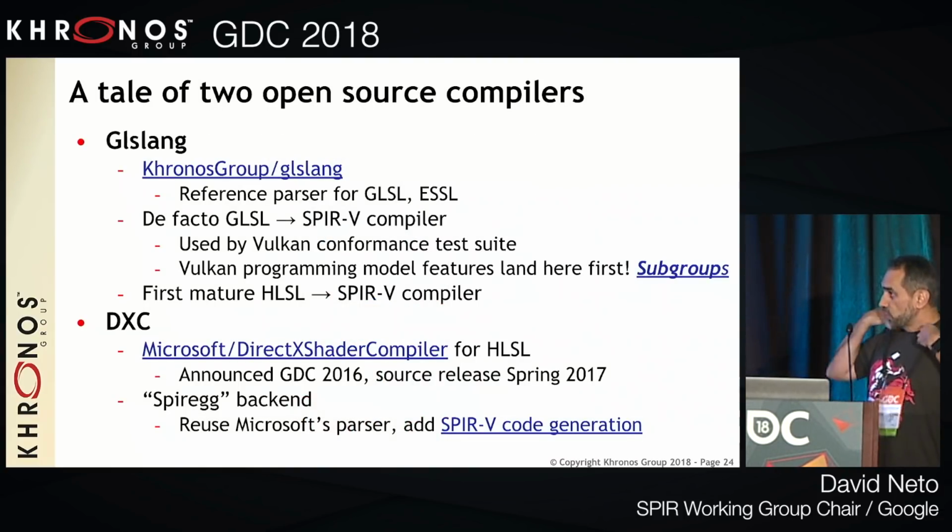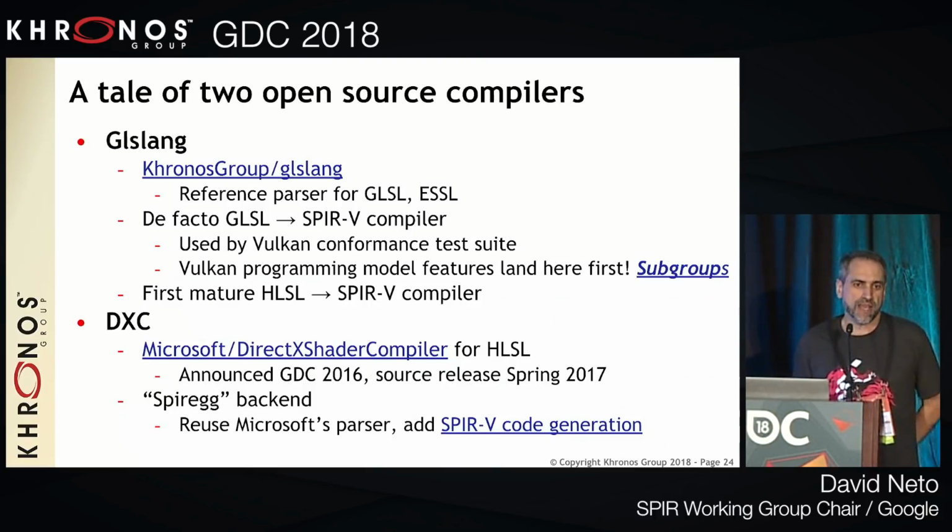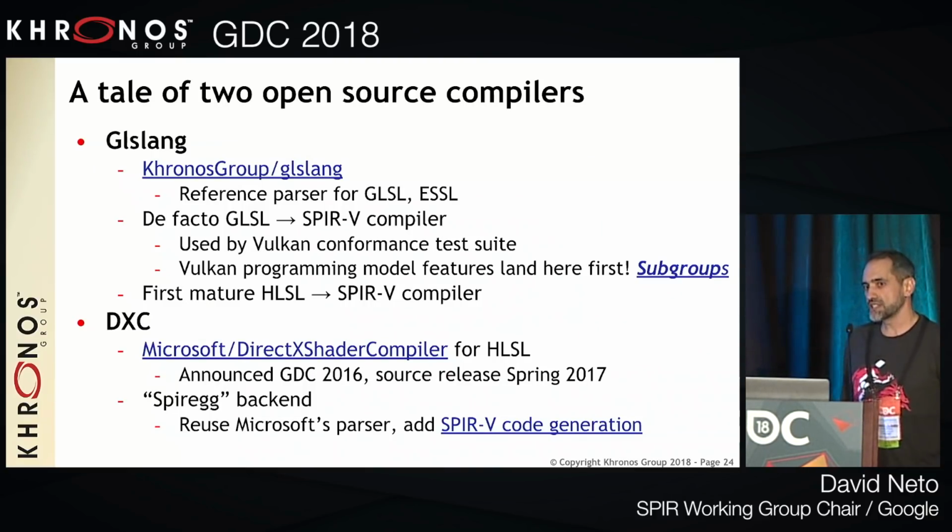So both these compilers are open source. So what's the backstory on glslang? glslang started out its life as the reference parser for GLSL and the embedded form of GLSL, known as ESSL. So that's the place you go where you know, is this supposed to work on my driver when I send it there? Now, in the development of SPIR-V, we added a code generation phase to the parser to actually generate SPIR-V.